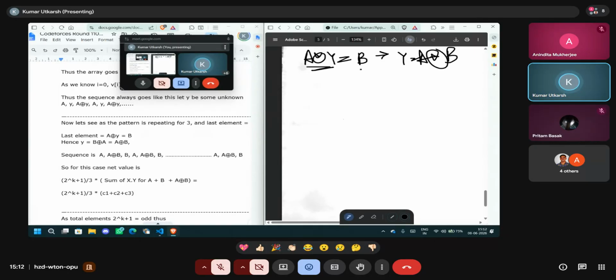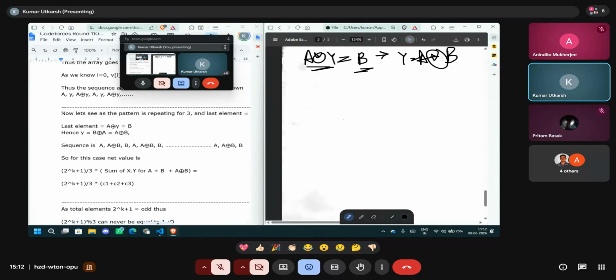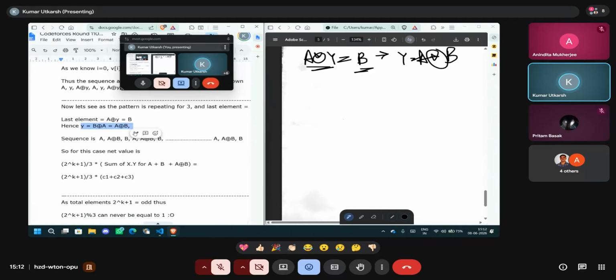This will be the last element, and hence Y is equal to B XOR A, or you can say A XOR B.